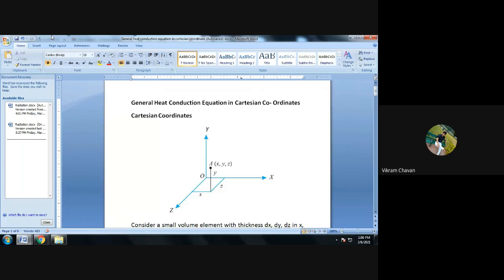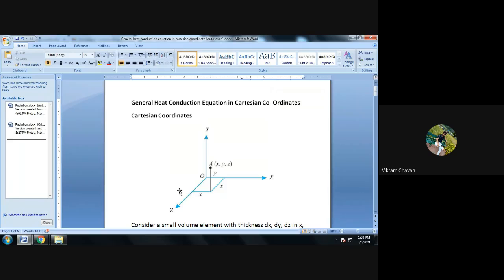So the important thing is that we should know what is meant by Cartesian coordinate system. There is a spherical coordinate system, there is a cylindrical coordinate system, and the last one is the Cartesian coordinate system. So Cartesian coordinate system is having three coordinates. Most important, it is having the three coordinates, that is nothing but x, y, z.